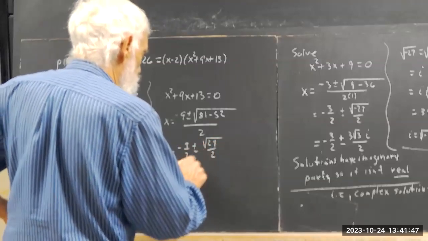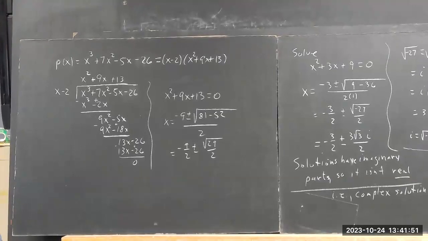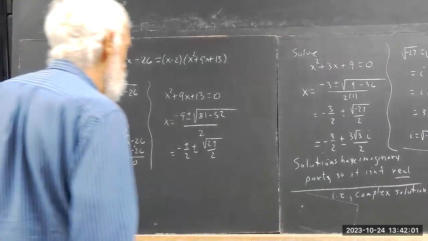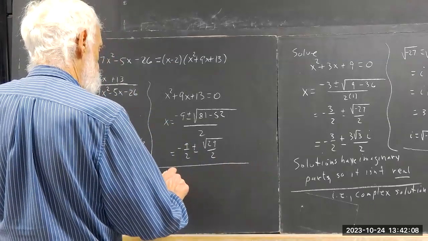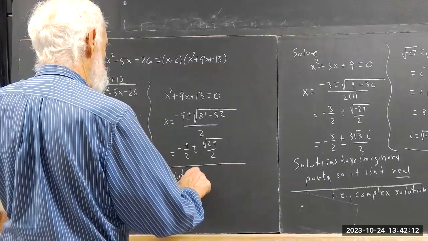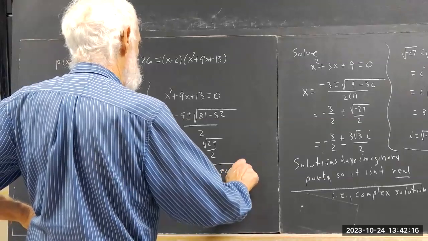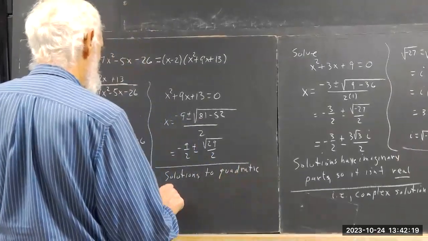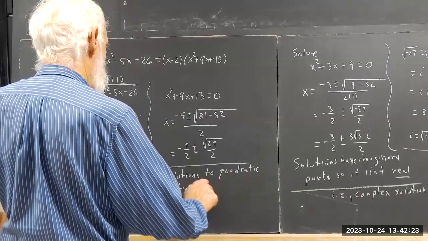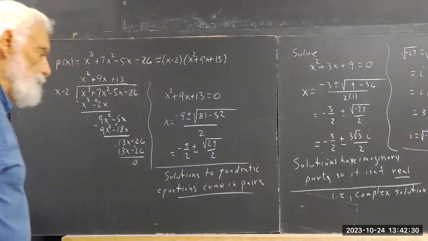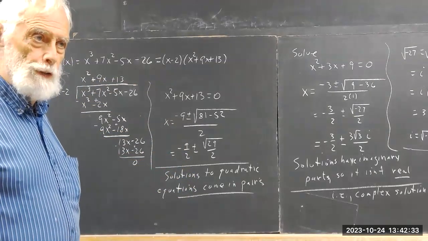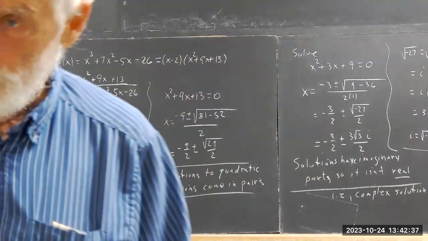I did my arithmetic right. There's a solution. Notice the solutions to quadratic equations come in pairs because of the plus and the minus.